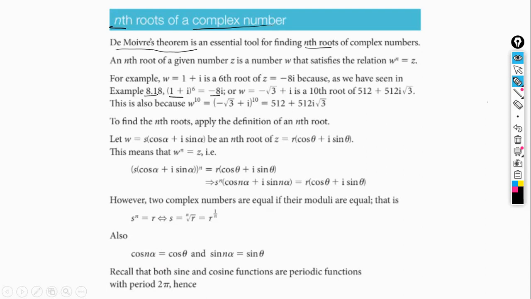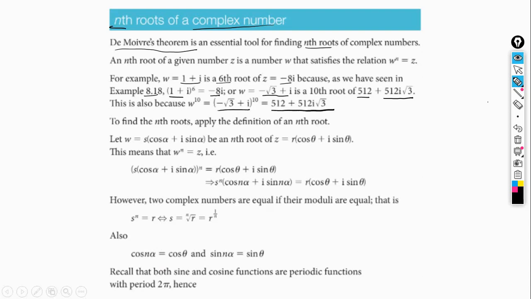What that means is that 1 plus i is a sixth root of negative 8i, because this to the power of 6 equals negative 8i. Another example: if w equals negative square root of 3 plus i, this is a 10th root of 512 plus 512i square root of 3, because negative square root of 3 plus i to the power of 10 is equal to 512 plus 512i square root of 3.